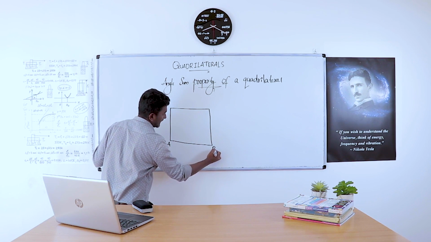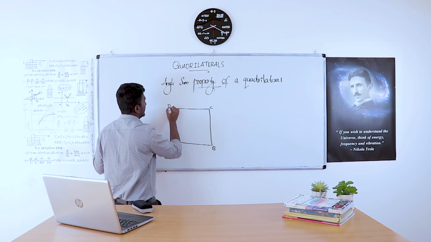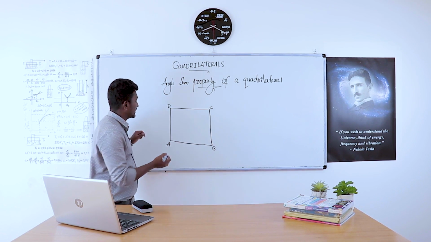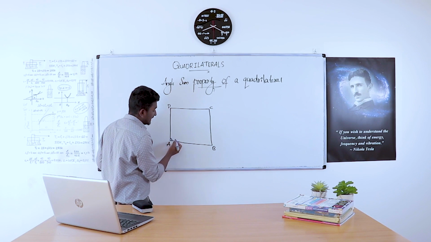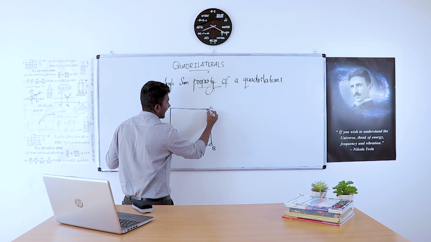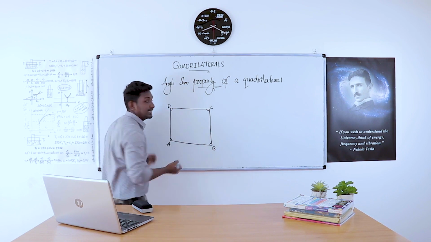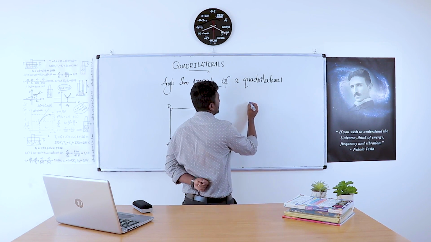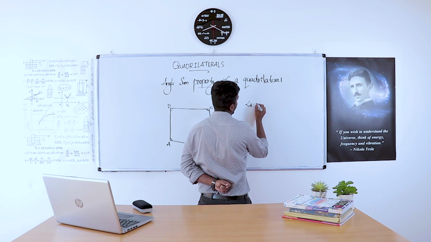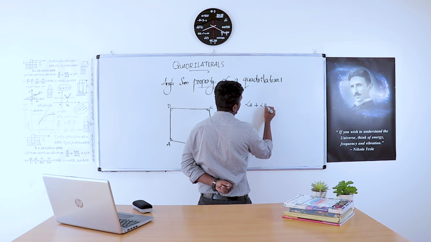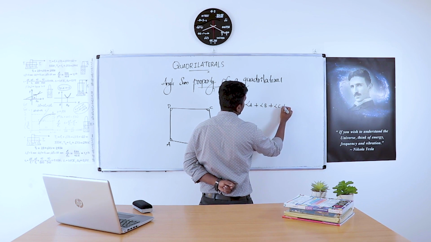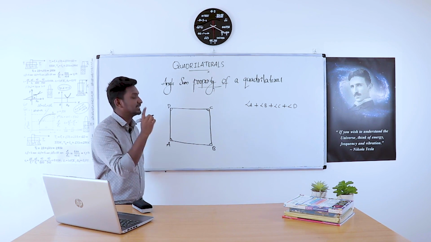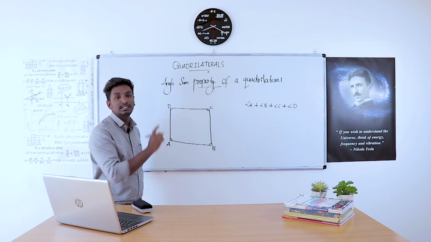Just name it A, B, C, and D. Now we all know that we have four angles: angle A, angle B, angle C, and angle D. Now we have to find the value of angle A plus angle B plus angle C plus angle D.